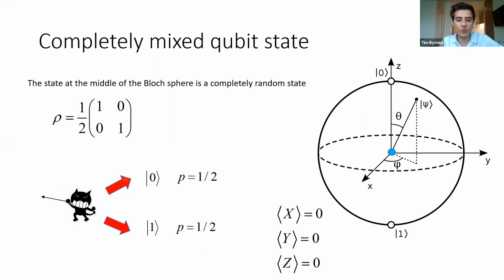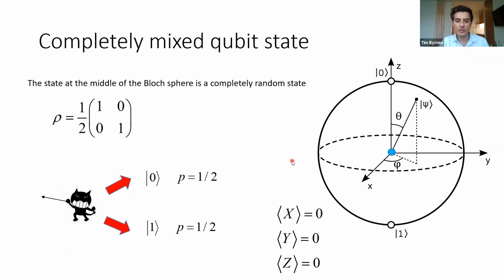And of course we can understand this from, say, there's this error guy, producing either 0 or 1 with equal probability, 50-50. Then the density matrix of that would be equal to that. And with this density matrix, you can verify that the expectation value of x is equal to 0.